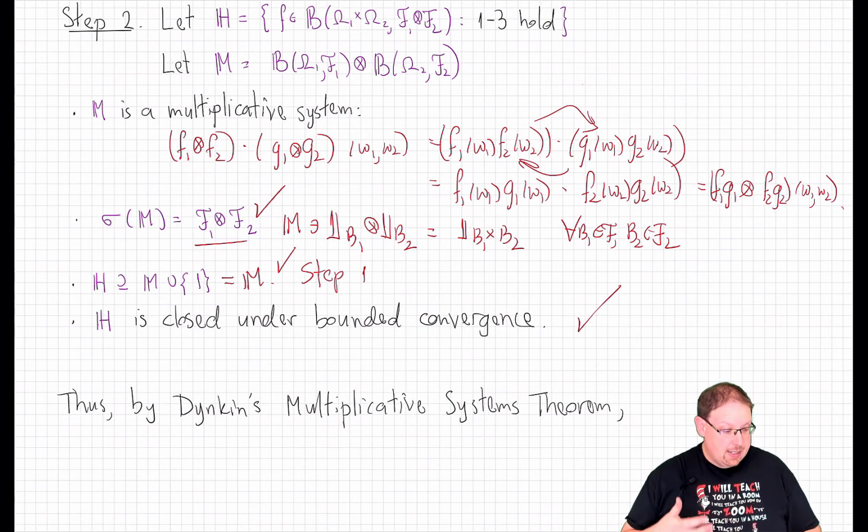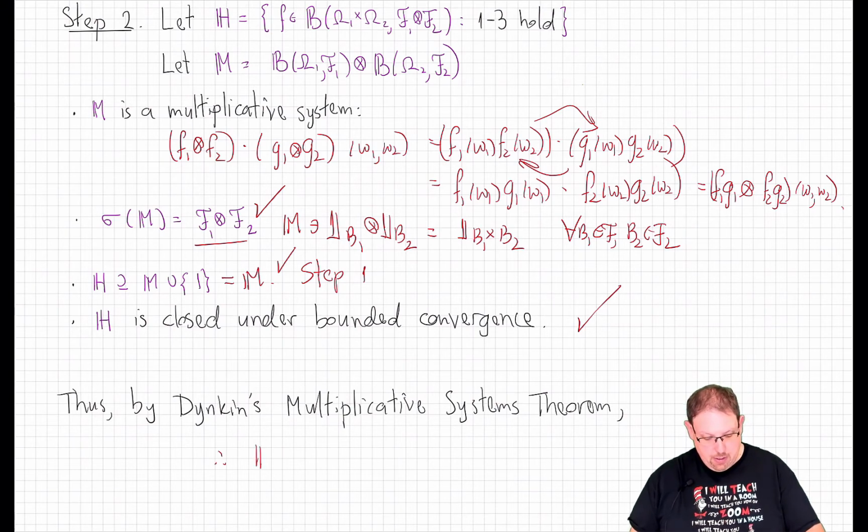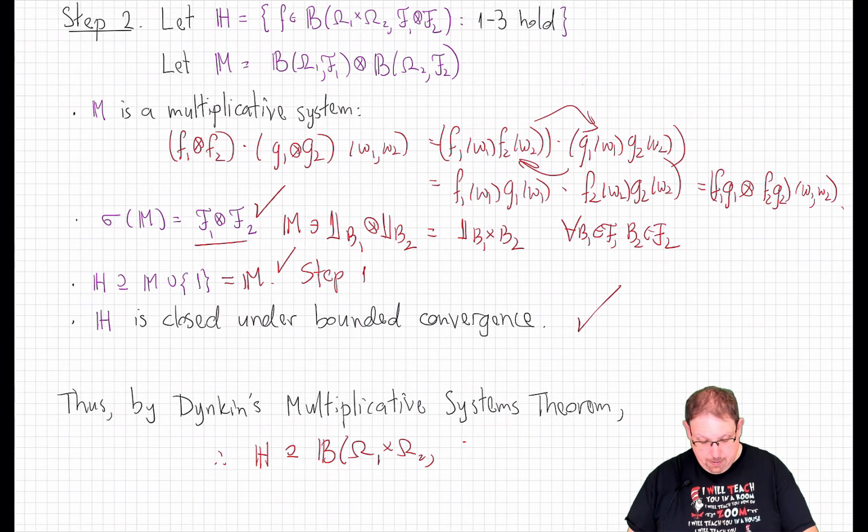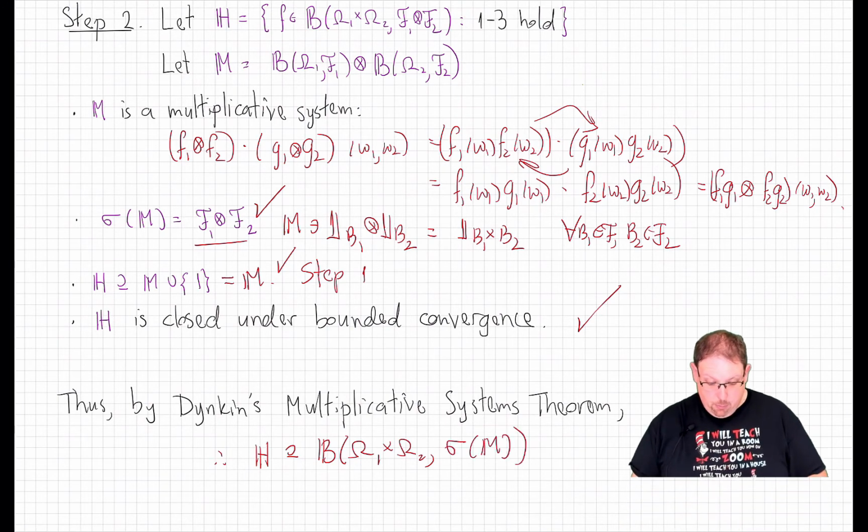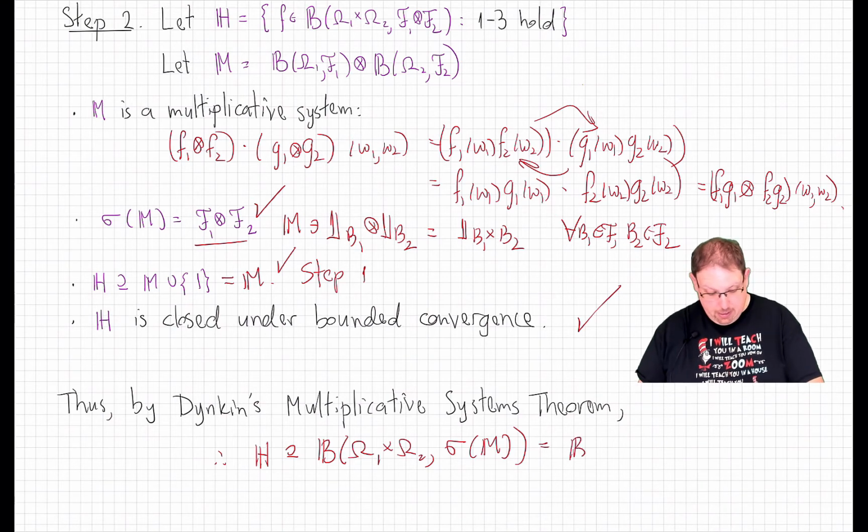Thus, by Dynkin's multiplicative systems theorem, in this finite measure context, we conclude that H contains the space of all bounded functions on the product that are measurable with respect to sigma of m, but we verified a moment ago that sigma of m is equal to the full product sigma field.